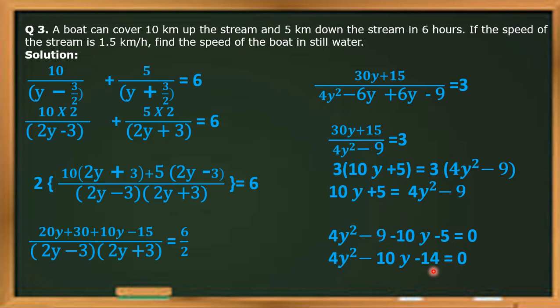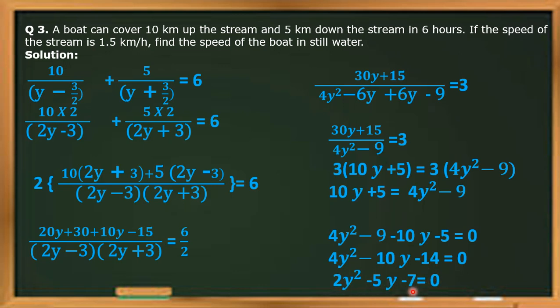So here we can take 2 common in all the terms, as all the numbers are divisible by 2. When the 2 is taken common, the right hand side becomes 0 upon 2, that is equal to 0. So the equation after taking 2 common will become 2y² − 5y − 7 = 0.